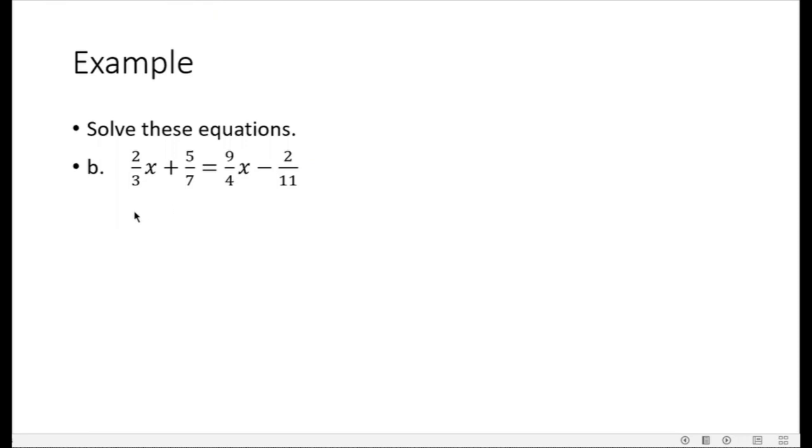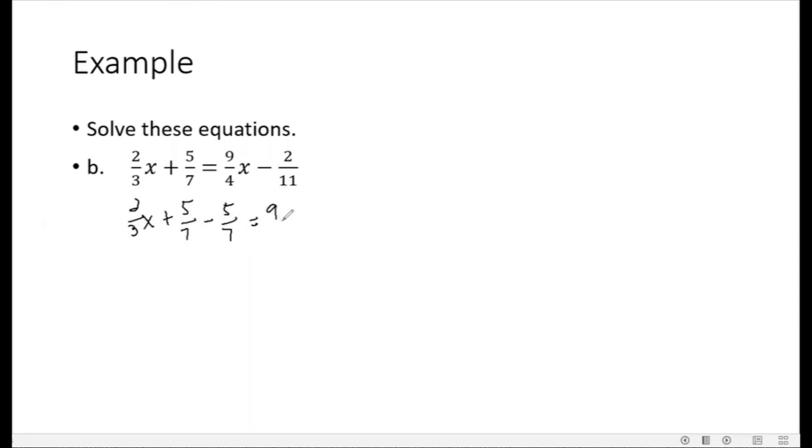So first part of our solution, we are going to subtract left and right of the equation by 5 over 7. So let us bring down 2 over 3x plus 5 over 7. So we have minus 5 over 7 on the left so that we eliminate the 5 over 7.